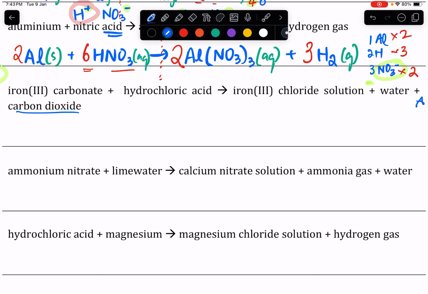Iron 3 carbonate. Iron is a transition metal, and the 3 tells me the charge is 3 plus. Carbonate is CO3 2 minus. So how do I write the formula? I need to times 3 times 2.